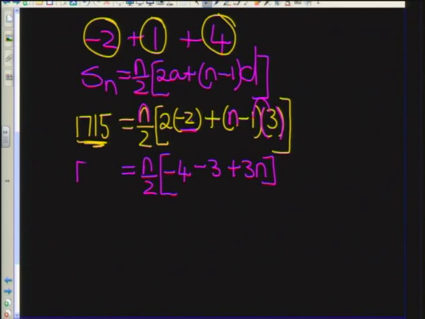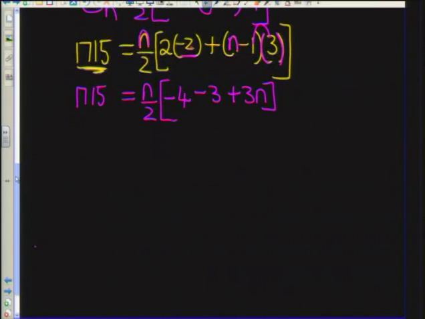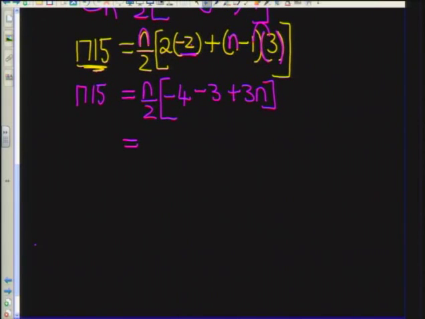And that's equal to 1715. Just tidying things up in my bracket, n over 2 times 3n minus 7, and all of this is equal to 1,715.